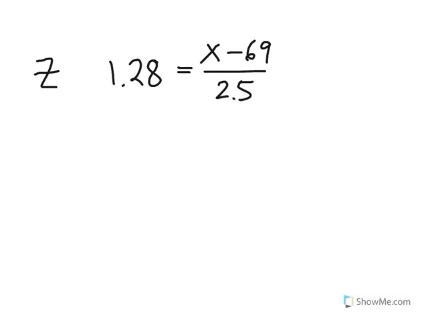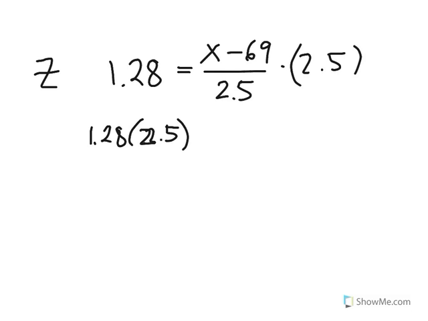And of course the answer is we sure can. So we're going to take 1.28 times 2.5, because all we're essentially doing is multiplying both sides of the equation by 2.5 to clear it from the bottom of the fraction so it cancels out. And we're going to have that product equal to x minus 69.